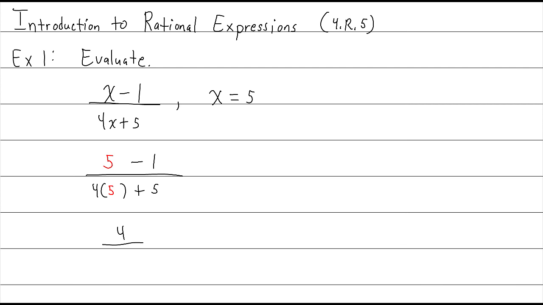On the bottom, we have 4 times 5, which is 20, plus 5. 20 plus 5, I'm just going to write 25. So it turns out that this rational expression is equal to 4 over 25 when x is 5.